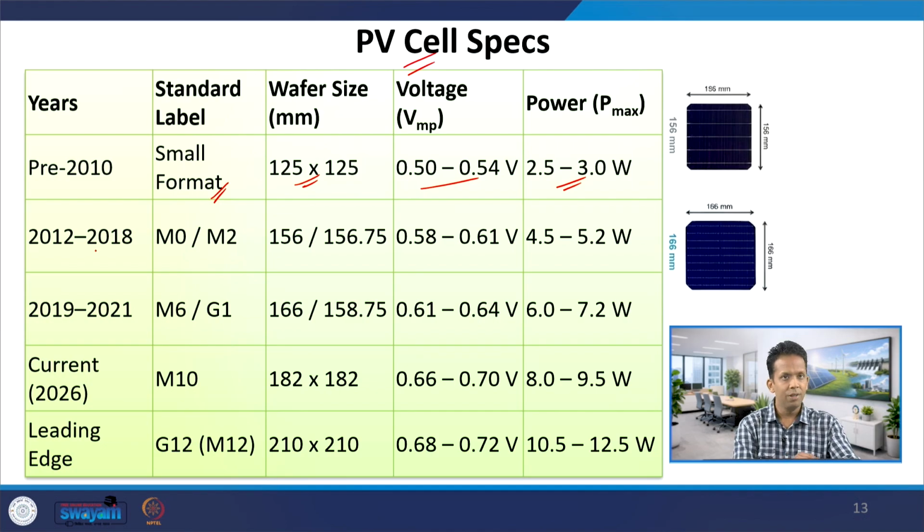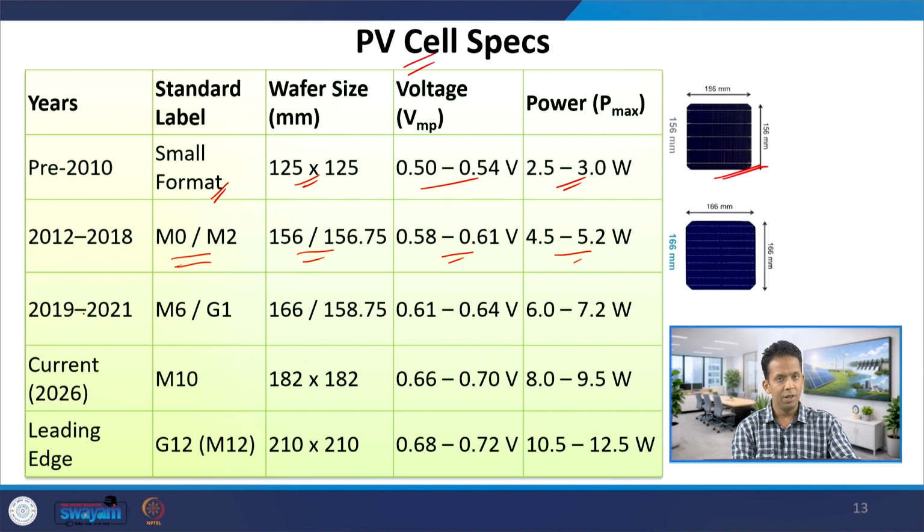In the previous decade, the standard labels were M0 or M2, and the wafer size was increased to 156 mm. Voltage went up to 0.6 volt and power was between 4.5 and 5.2 watt. This is the most widely used cell over a long period of time, M0 and M2.